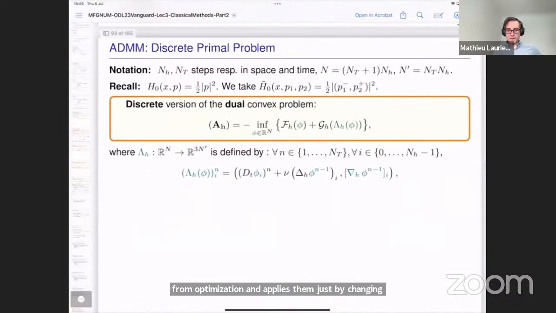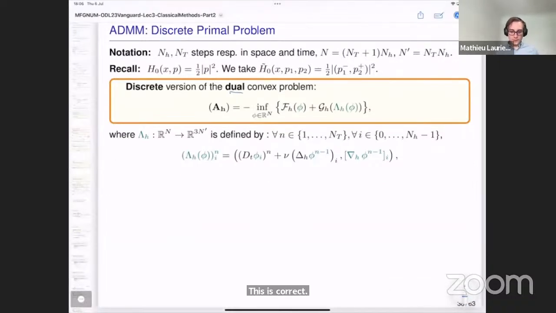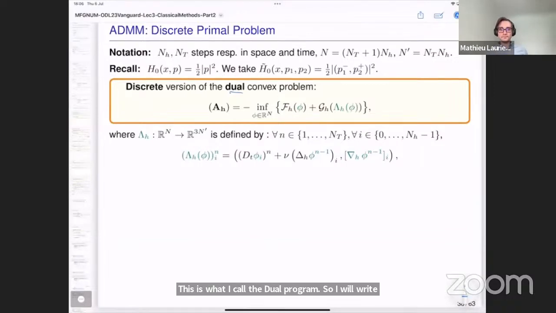So here in this case, let me discuss a little bit the discretization. Again, the Hamiltonian is quadratic, and I want to write a discrete version of the dual problem. This is what I call the dual problem. So I will write it for this problem.